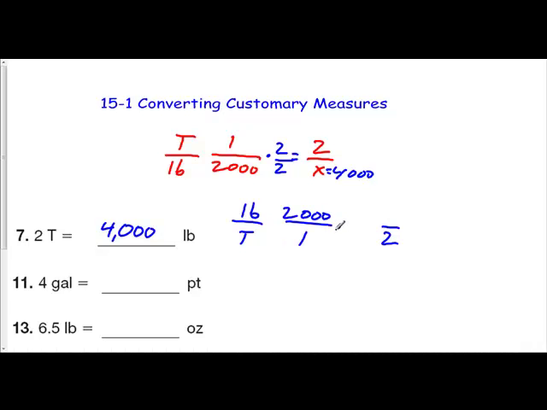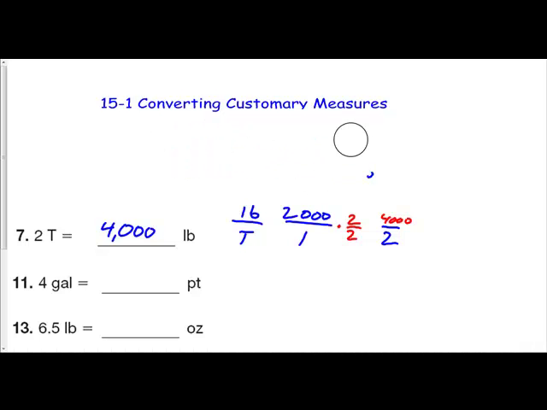How do I turn 1 into 2? I can multiply by 2. 1 times 2 is 2. 2,000 times 2 is 4,000. So I get the same answer, that it equals 4,000 pounds. Remember that ratios can be written a number of different ways. That's why we label them, so we know we have them correct.